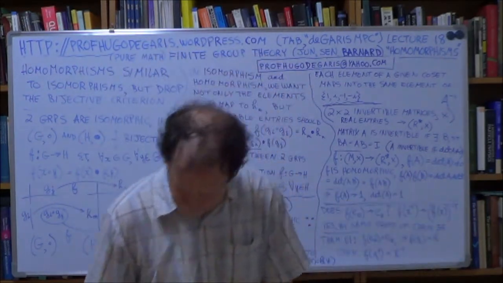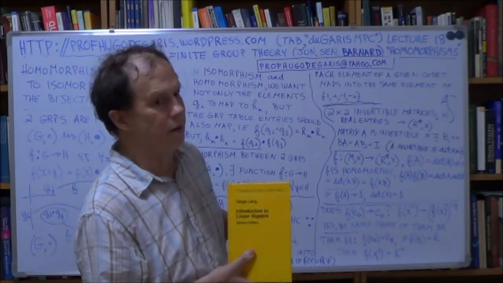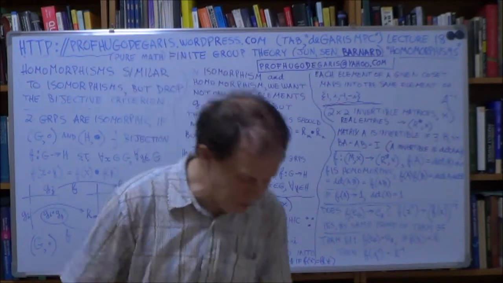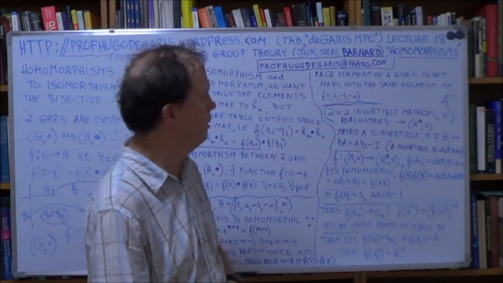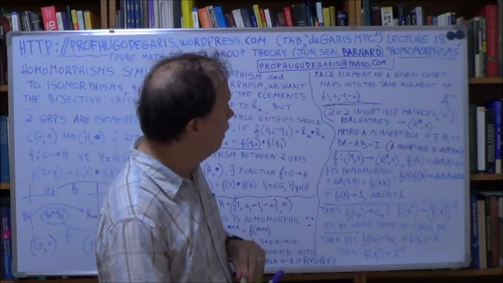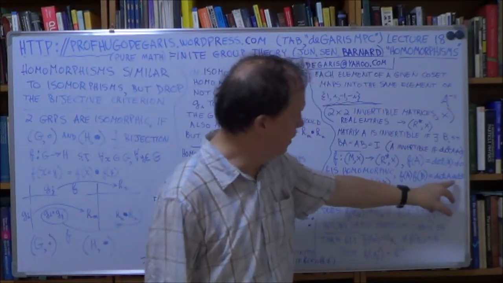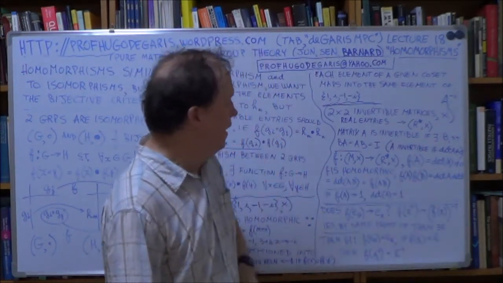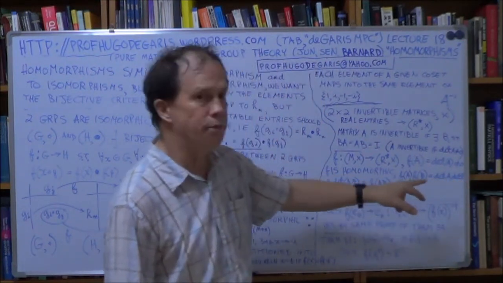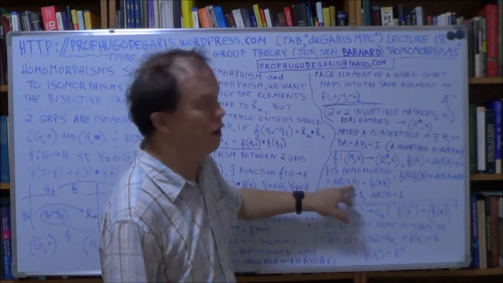Okay. Now, out of linear algebra, out of the theory of matrices and determinants and vector spaces and eigenvalues and diagonalization of matrices and all those techniques, which I will teach in detail in a whole course on linear algebra, one of the things we know, if you don't know this, you're just going to have to take it for granted, just accept it until we actually do the course on linear algebra, is that the determinant of A times the determinant of B, in other words the product of two determinants, is equal to the determinant of the product of the two matrices.